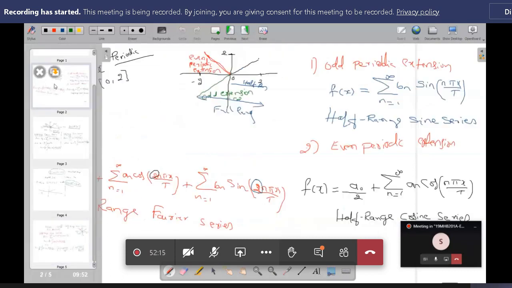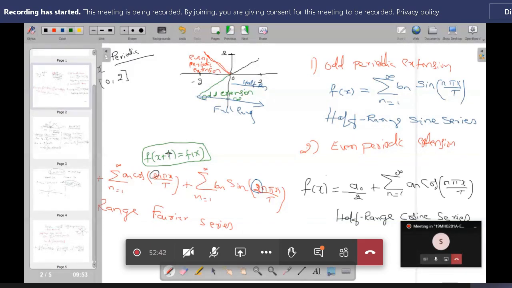So that is what I explained here. In the full range, the function they specify is f of x plus T equal to f of x, and ask you to find the Fourier series. So this T is the period, that is, the full period.